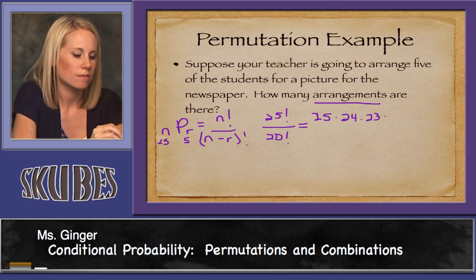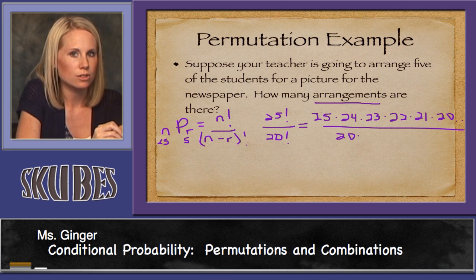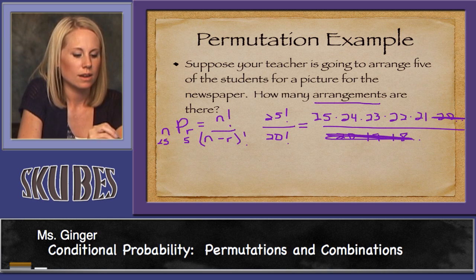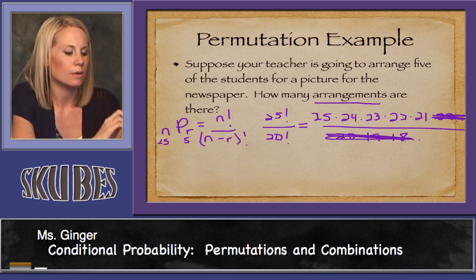I will show you here. And so forth. And that is going to match up with the denominator, because the denominator is starting at 20 times 19 times 18, and so on. So all of that can be done away with because it's going to cancel there.